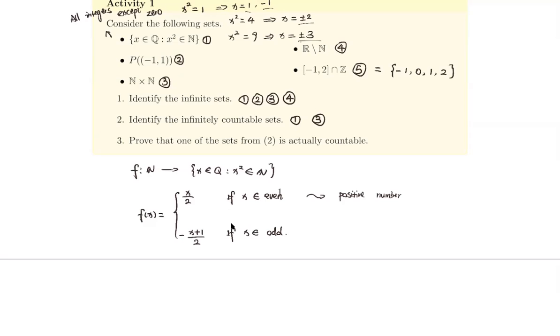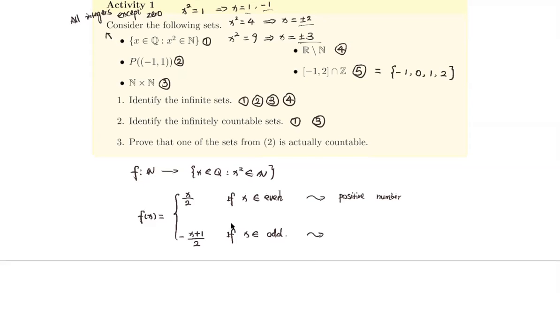So 1 plus 1 is 2 over 2 is 1. 3 plus 1 is 4 over 2 is 2. So negative 1, negative 2, negative 3. Yeah, so this will give us all the negative numbers. Yep, so this is a bijection map from natural numbers to this.